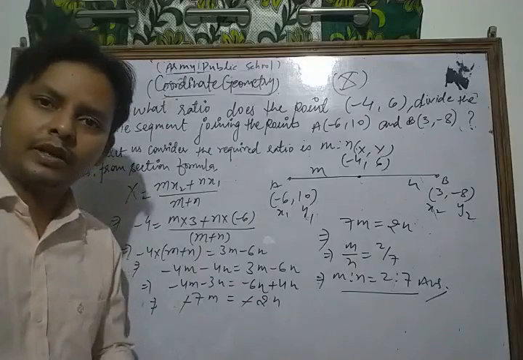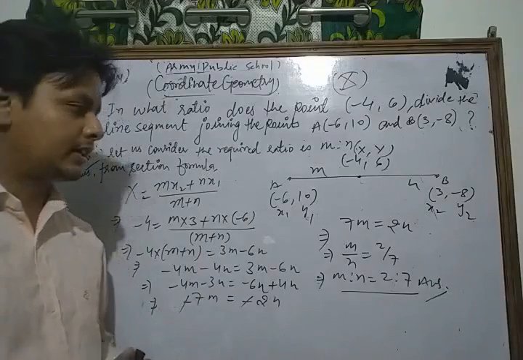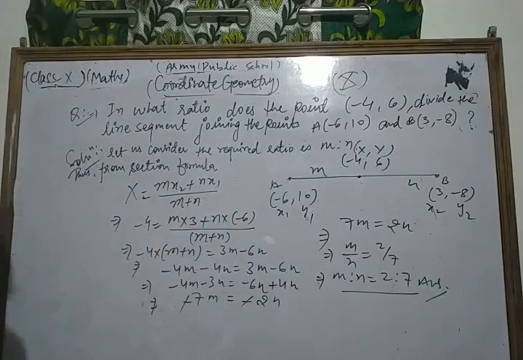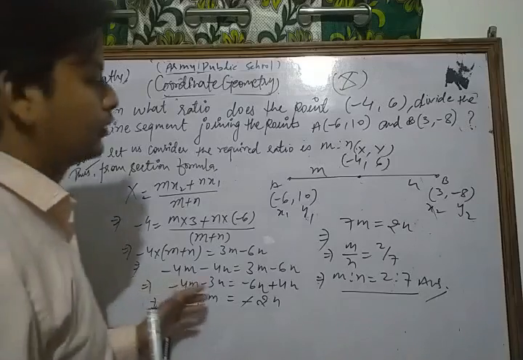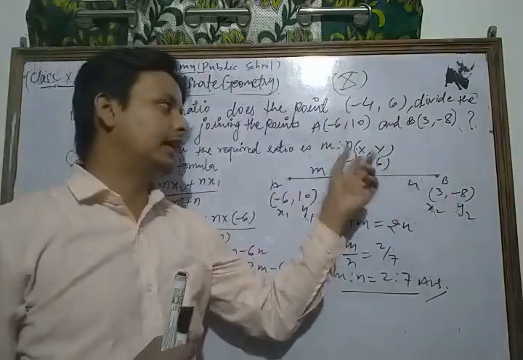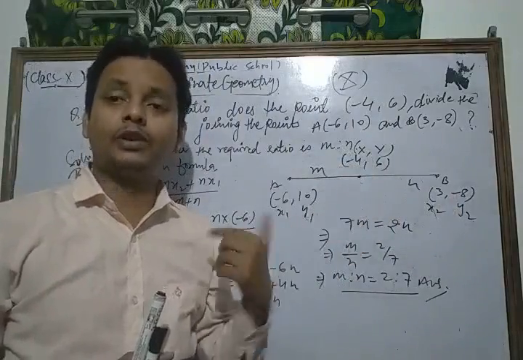Okay, so in this way you can solve that type of question. This is one of the most important questions of your syllabus. Let's see once more. For that question, these are two points and AB is the line segment, and that point divides the line segment in what ratio?